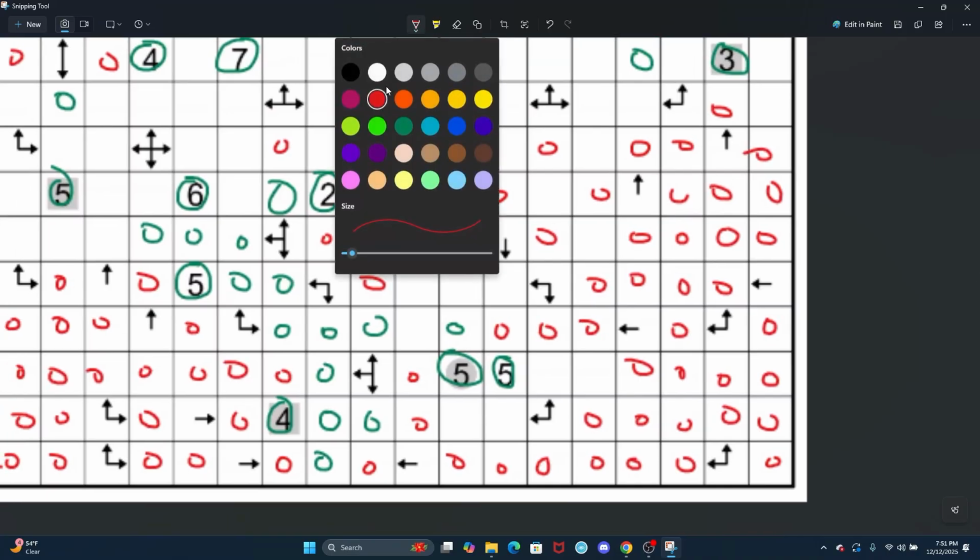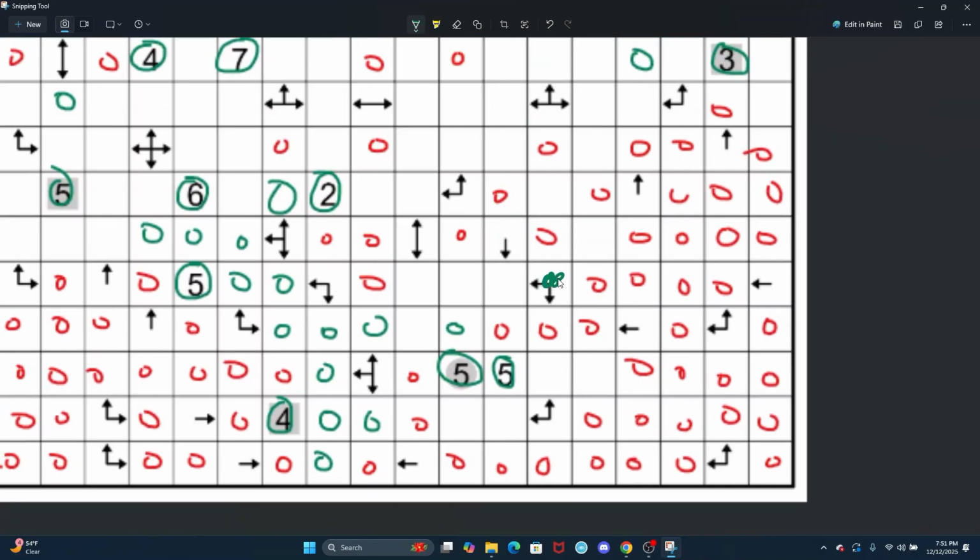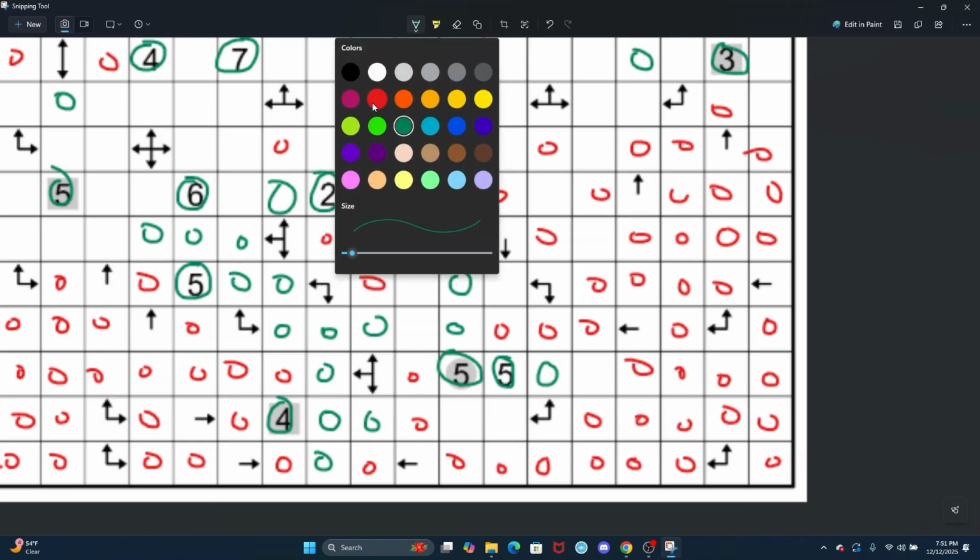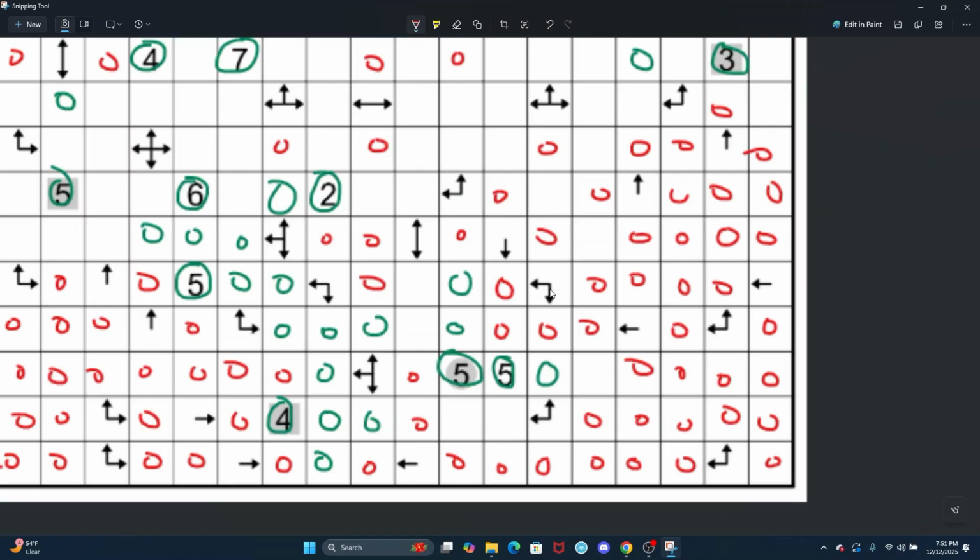And so again, similarly, looking at this cell with an arrow, going downwards, there's only one cell left, so it must be green. And so the closest green cell is 2 cells away. So that means this one must be green, and this one must be red.